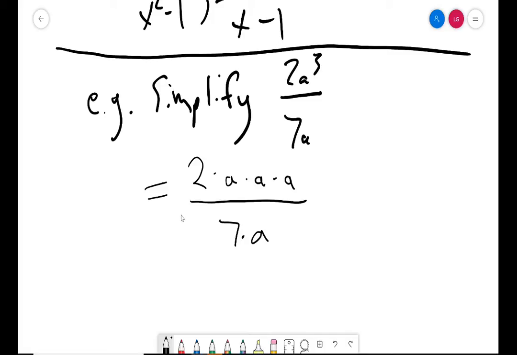And what's actually happening here is a form of factoring, I'll argue. What it is something like this. We look for what's in common. There is an a in common, one a in common from top and bottom. The top has 3 a's multiplied together. Bottom only has a single.